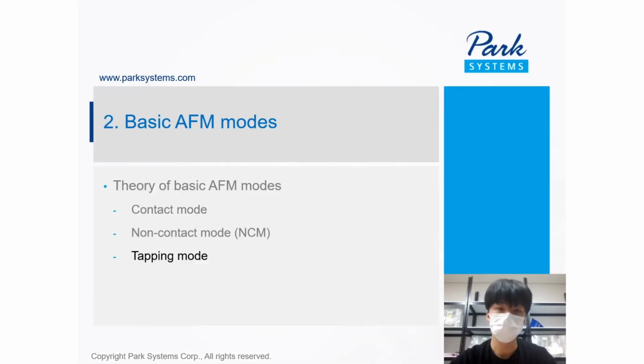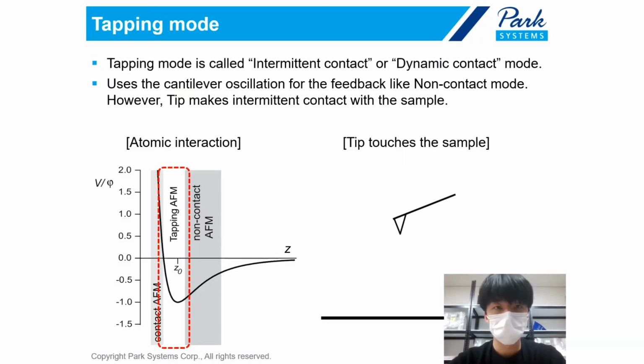The last one is tapping mode. Tapping mode is also called intermittent contact or dynamic contact mode. It uses the cantilever oscillation for feedback like non-contact mode, but the tip makes intermittent contact with the sample like this.